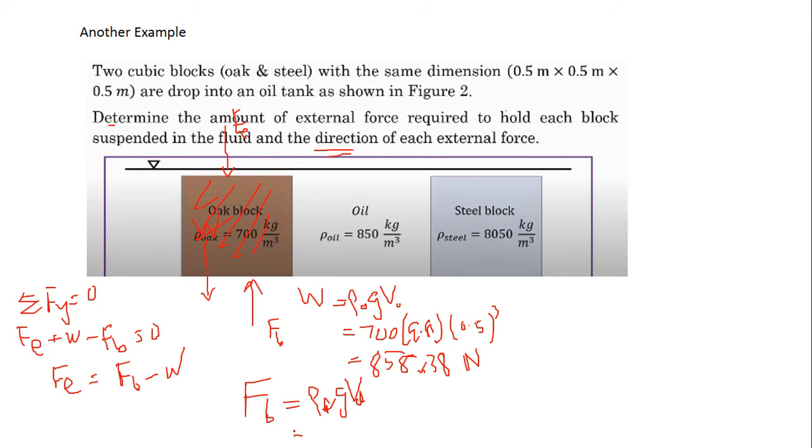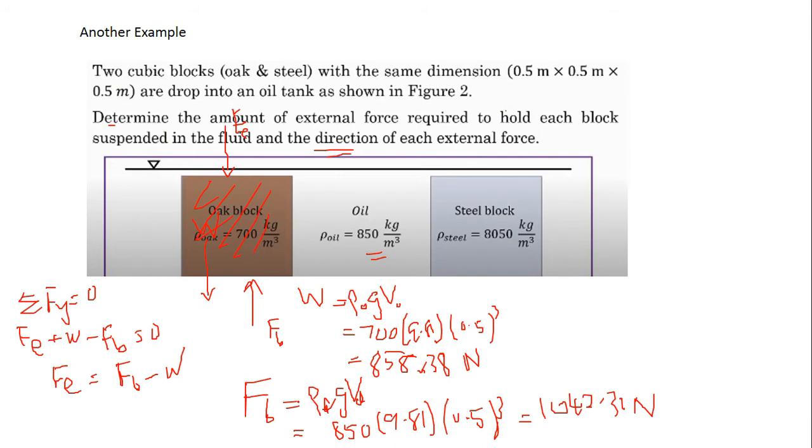So the rho of the fluid is equal to 850 kan? Times 9.81 times 0.5 cube. So this will equal to, what's the value? 1042.31 Newton.